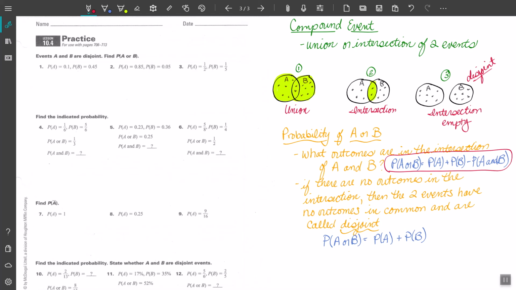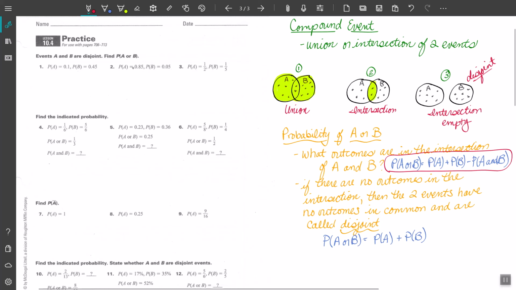So going up to numbers 1 through 3, the directions tell us that events A and B are disjoint. So that's like the illustration in number 3.